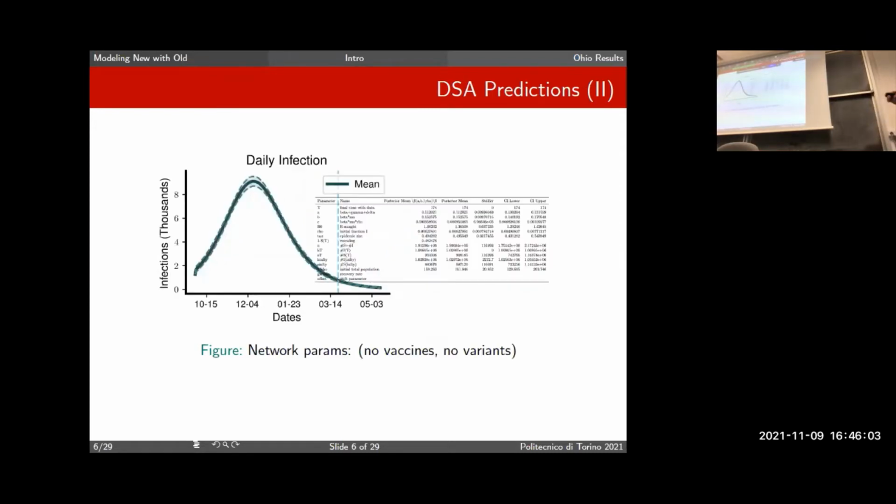In fact, what we did was a little bit different in the sense that our model was a network model. I will not talk about this too much because it's irrelevant for the main ideas that I would like to present today. But the network model has a component which attempts to deal with heterogeneity.